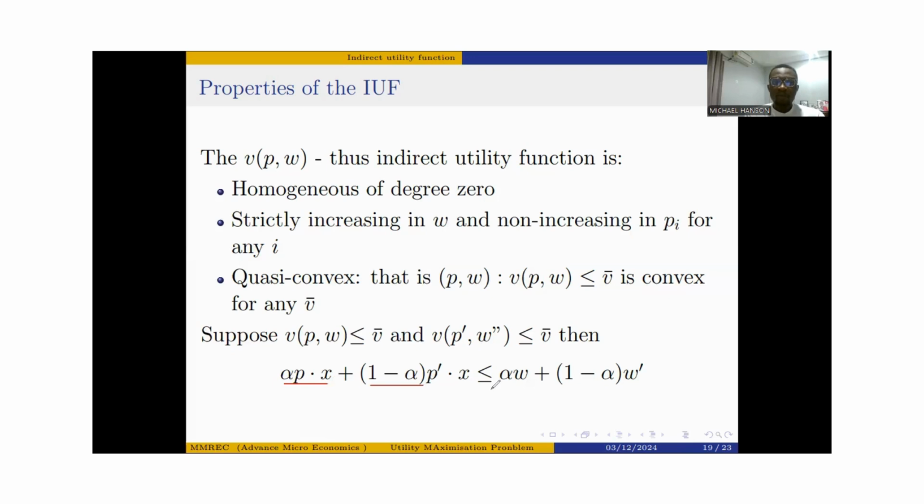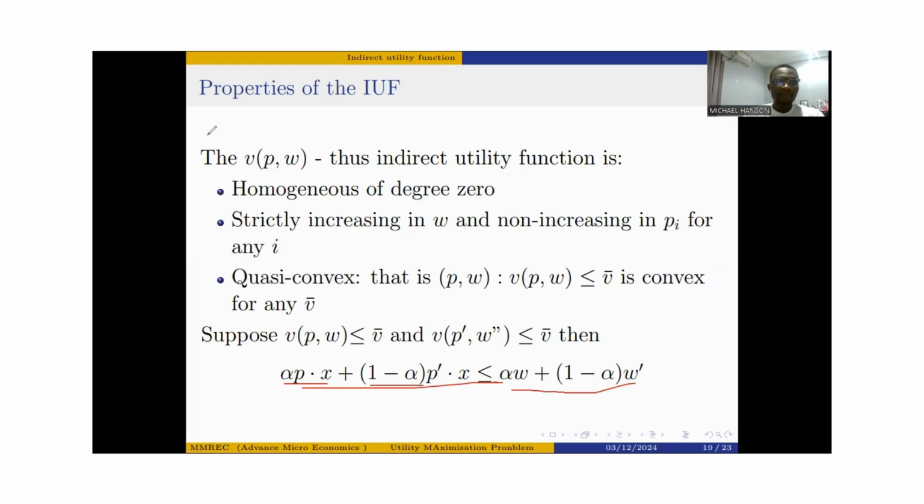Which means that if it is a convex budget, both utilities should also be affordable, given the percentages spent on both. I believe that is clear.